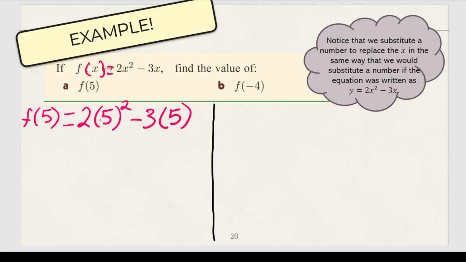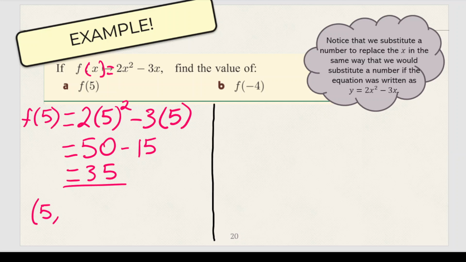That's just a really easy way of keeping the place, so you know that that is where you've replaced an x. Then we've got 5 squared is 25. So we have 2 times 25 is 50. Take away 3 times 5, which is 15, equals 35. So we know that on the graph of this function, we have a point that the function passes through, which is x equals 5, y equals 35.